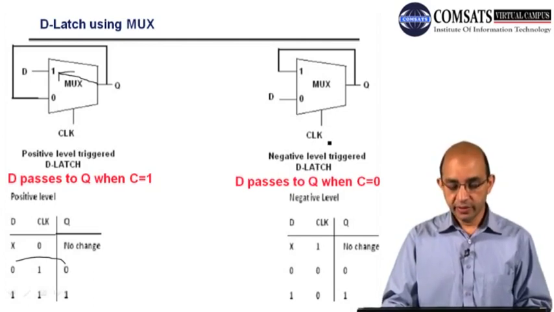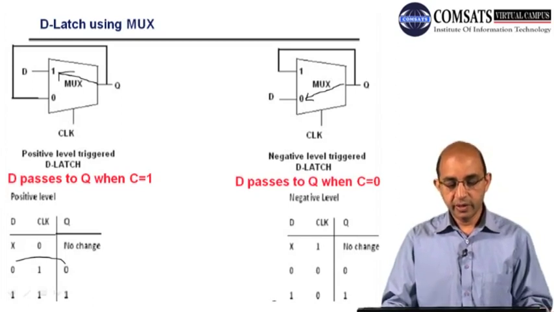Whenever we have clock 0, this switch is connected over here, so on 0 Q will follow this D. So we can have the table: when clock is 1, no change, we will have the previous state. And whenever clock is 0, Q follows D.